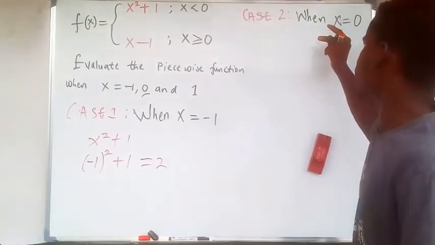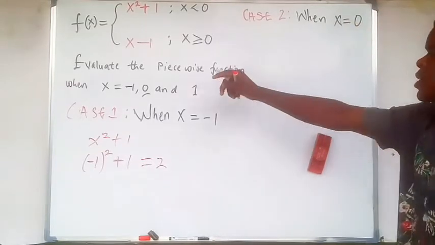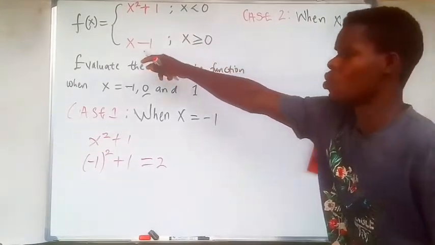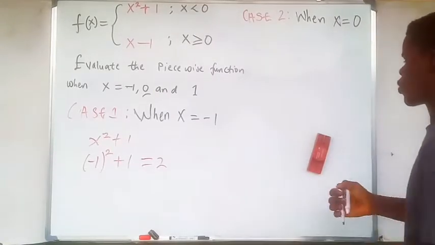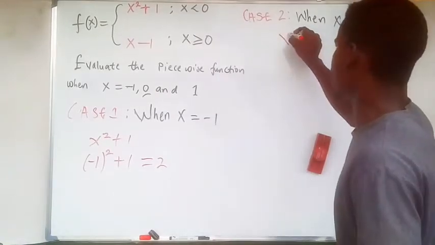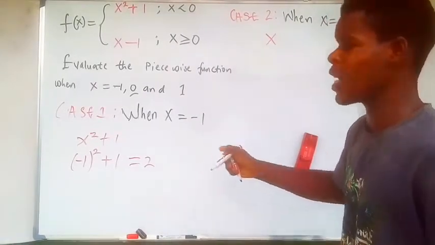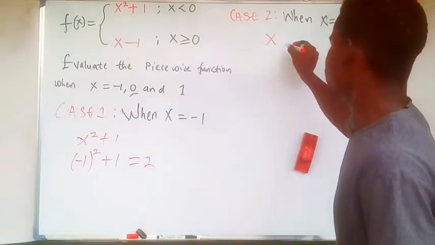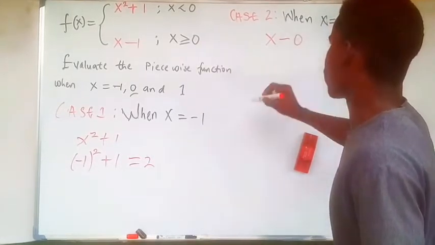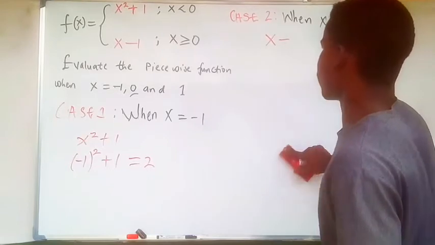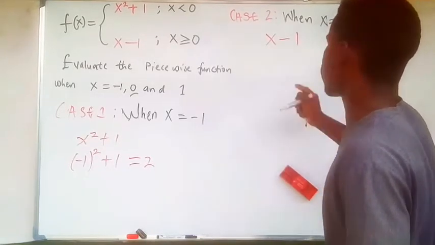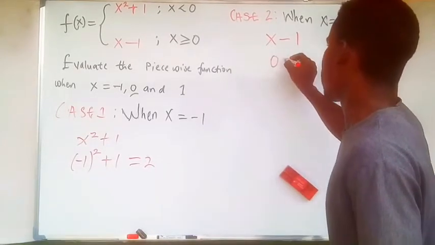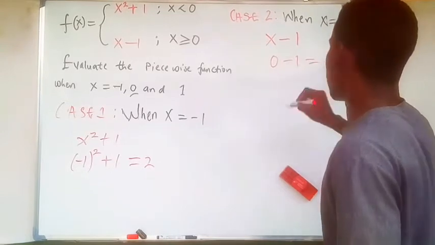So this 0 here is when x is greater than or equal to 0, so we make use of x minus 1. We're going to make use of x minus 1 in case 2 because the value of x is no longer -1, rather it is now 0. So plug in the value of x right here. We have 0 minus 1 equals -1.